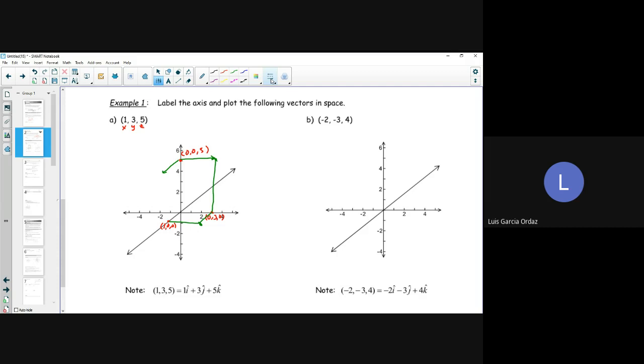I can move 1 point into the positive x-axis from here. So I can connect these two guys, which means this would be my 5 units into the z-axis right here.